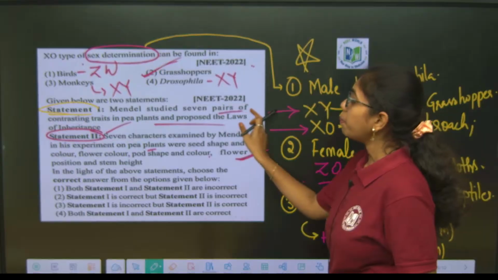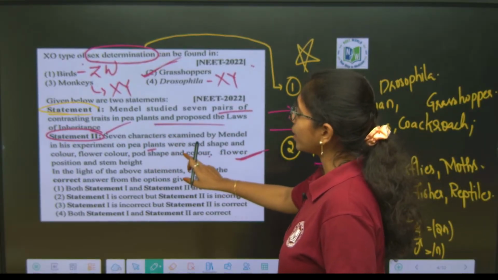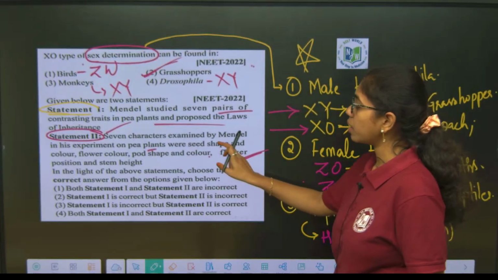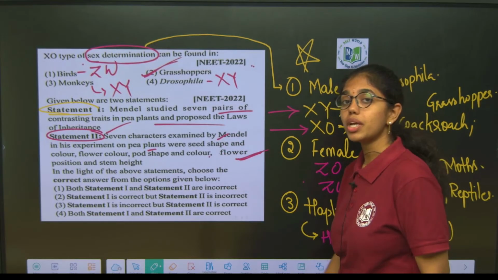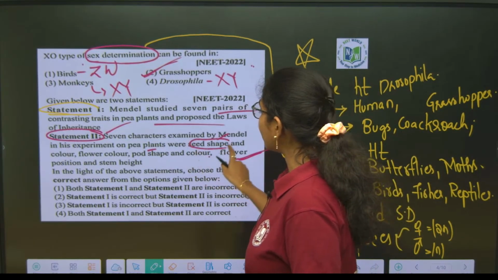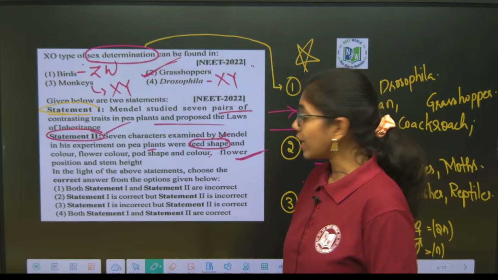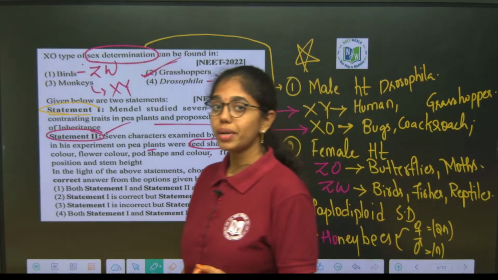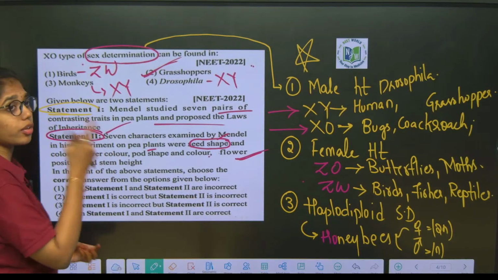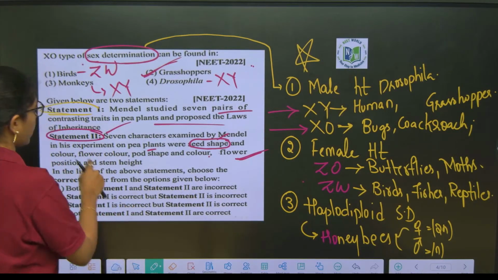He has observed 7 characters, 7 contrasting pairs and 14 varieties. What are the 7 traits he has considered? Seed shape: dominant is round and recessive is wrinkled. Seed color: yellow is dominant and green is recessive. In every trait you have to know the 2 contrasting pairs.